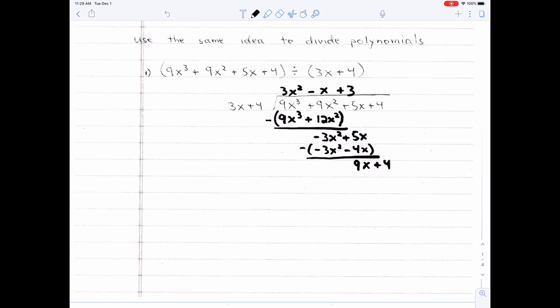So what times 3x will give me 9x? 3. So now I multiply the 3 times 3x, and we get 9x plus 12. And then again, I subtract the whole thing, and you get minus 8.